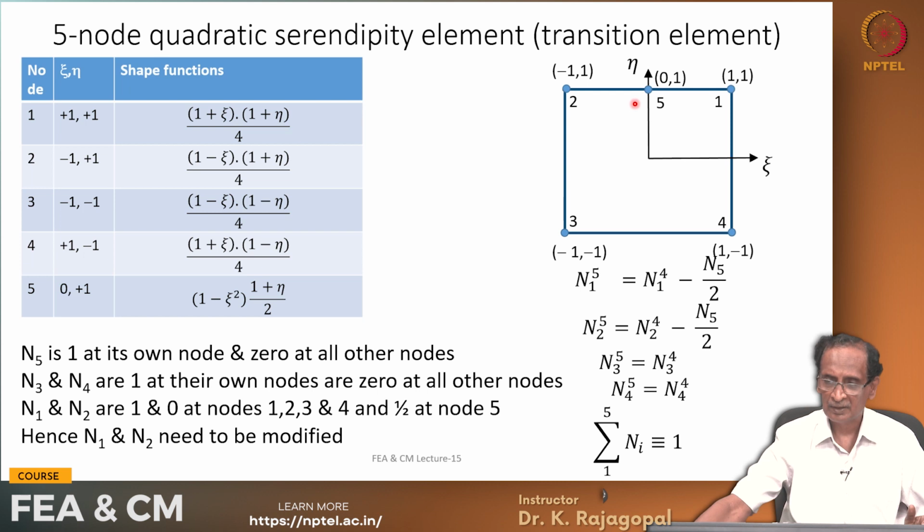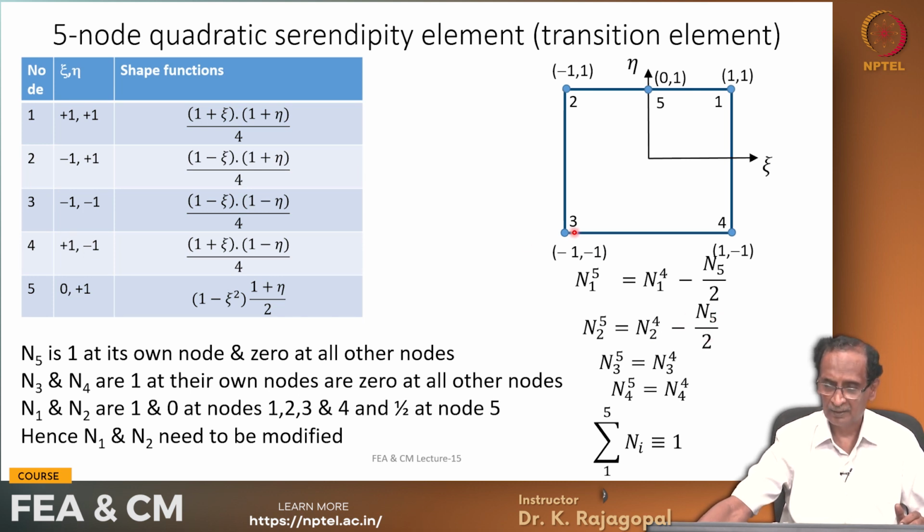But when you introduce this node at node 5, then this is not 0, but it is half. So, to make N1 and N2 as 0 at this point, I can say N1 for the 5 node element is N1 for the 4 node element minus N5 by 2, and N2 for the 5 node element is N2 for the 4 node element minus N5 by 2.